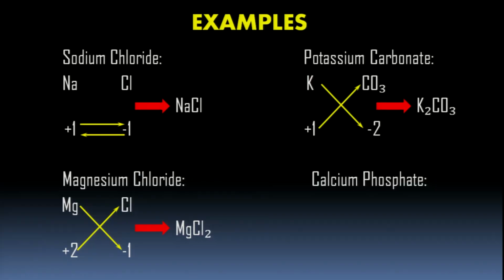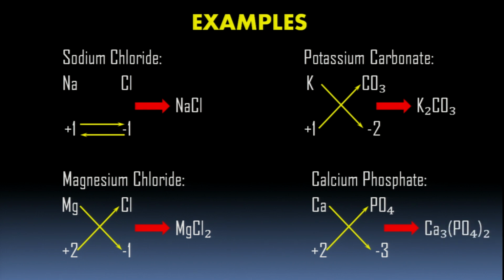Calcium phosphate. Calcium valency +2. Phosphate, you remember, PO4? Yes, it's 3 minus. Now the swapping is there. See here, calcium. What will be the formula? Yes, Ca3 and PO4 whole twice.